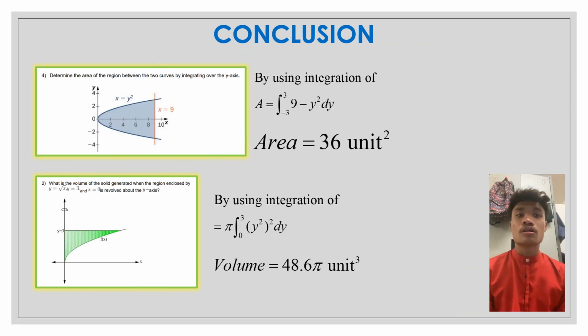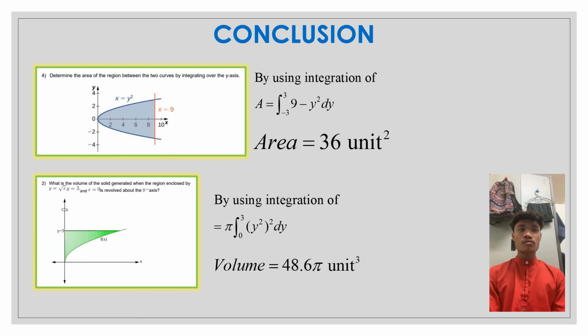Thank you, Azam. Now we come to the conclusion, my last slide for this semester. Firstly, by using the integration A equals the integral from negative 3 to 3 of 9 minus y squared dy, we got the area equal to 36 square units.